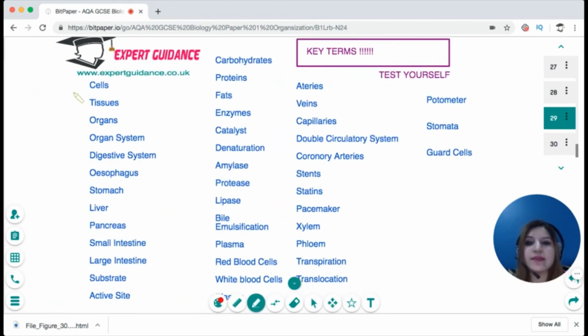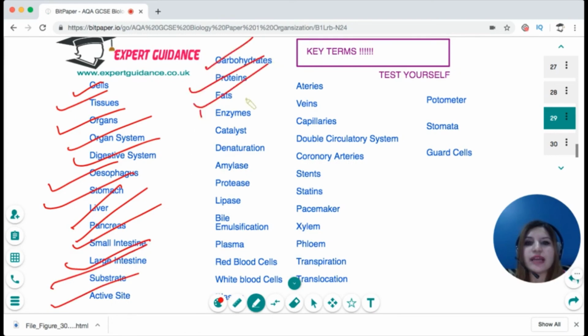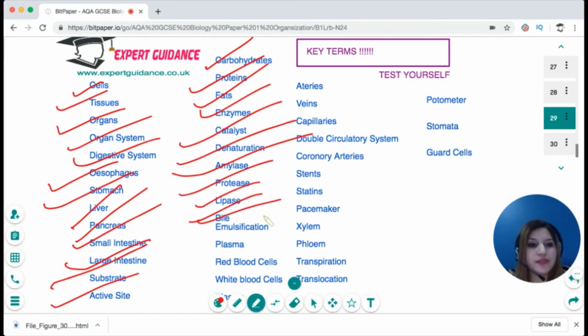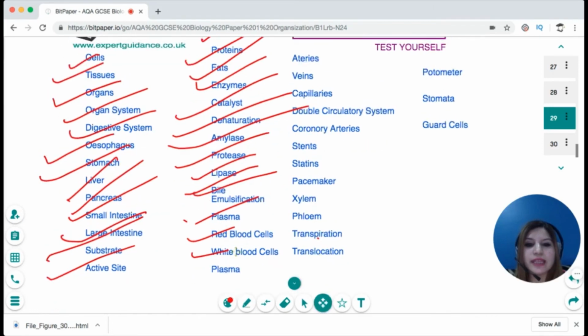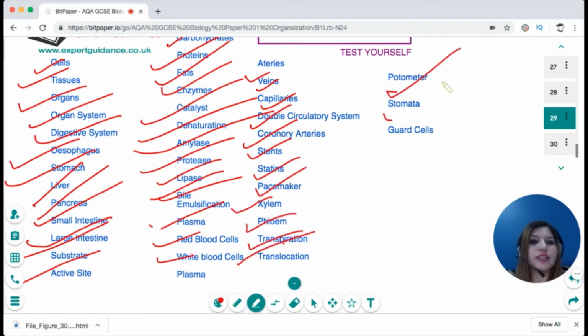These key terms are cell, tissues, organs, organ system, digestive system, esophagus, stomach, liver, pancreas, small intestine, large intestine, substrate, active site, carbohydrates, protein, fats, enzyme, catalyst, denaturation, amylase, protease, lipase, bile, emulsification, plasma of the blood, red blood cell, white blood cells, platelets, plasma, arteries, veins, and capillaries, double circulatory system, coronary artery, coronary heart diseases, stents, statin, pacemakers, xylem, phloem, transpiration, translocation, potometer, stomata, and guard cell.